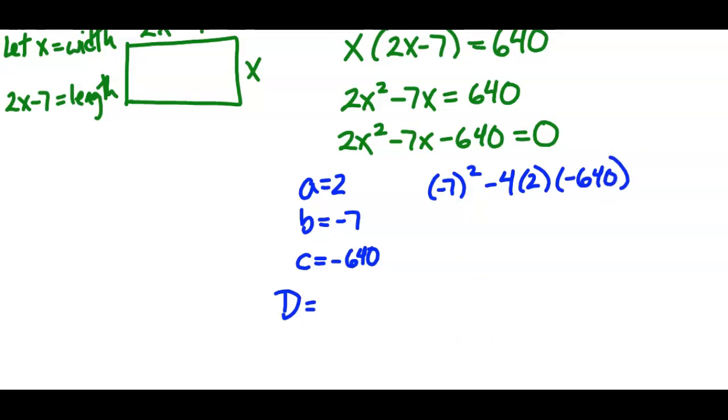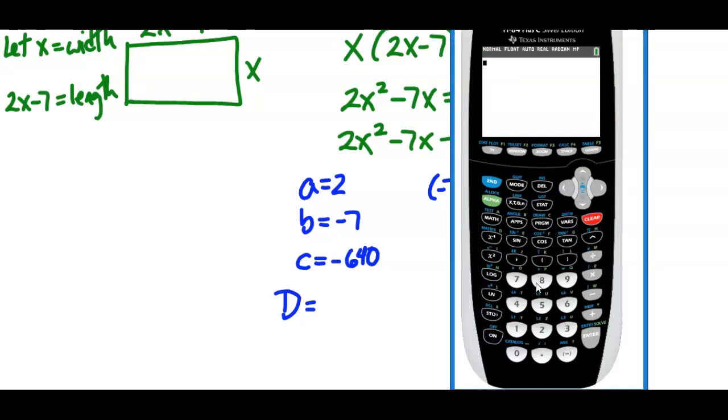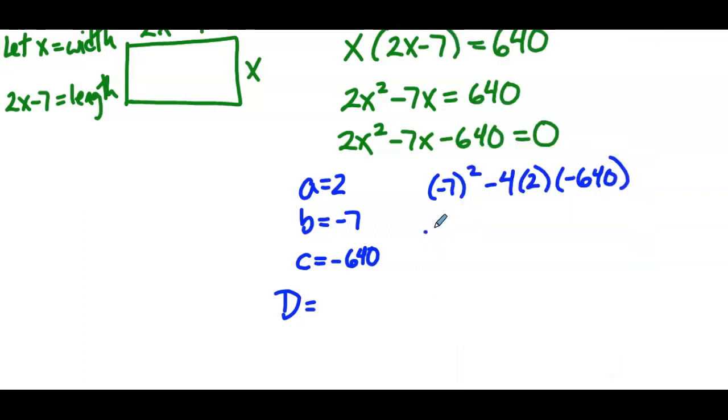So let's go to the calculator. So 4 times 2 times 640. So that's 5,120. So we have 49 plus 5,120.